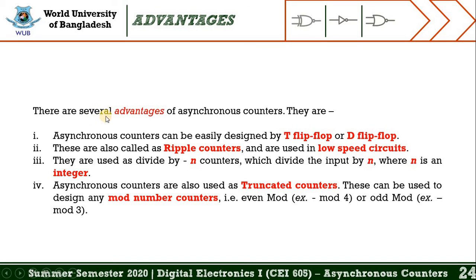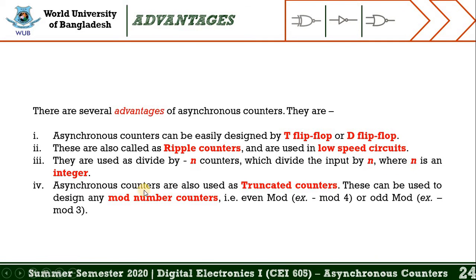There are several advantages of asynchronous counters. They can be easily designed using T flip-flops and D flip-flops. These are also called ripple counters, as we have already known, and are used in low speed circuits. Next, they are used as divide by n counters, which divide the input by n, where n is an integer.